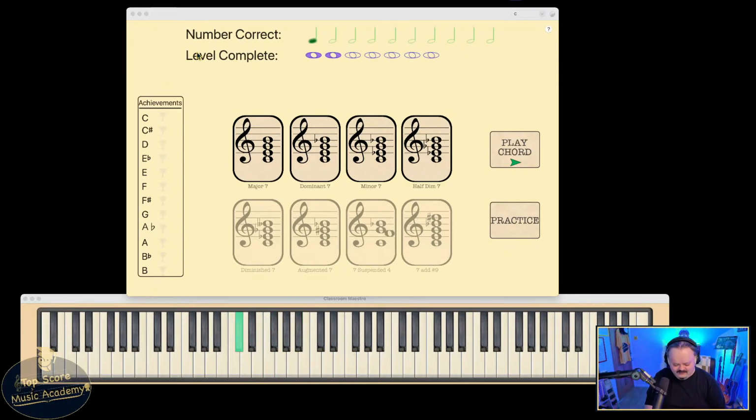Also later on in the piece, I think it does something like... I'm just running through it in my head. Half diminished sevenths.